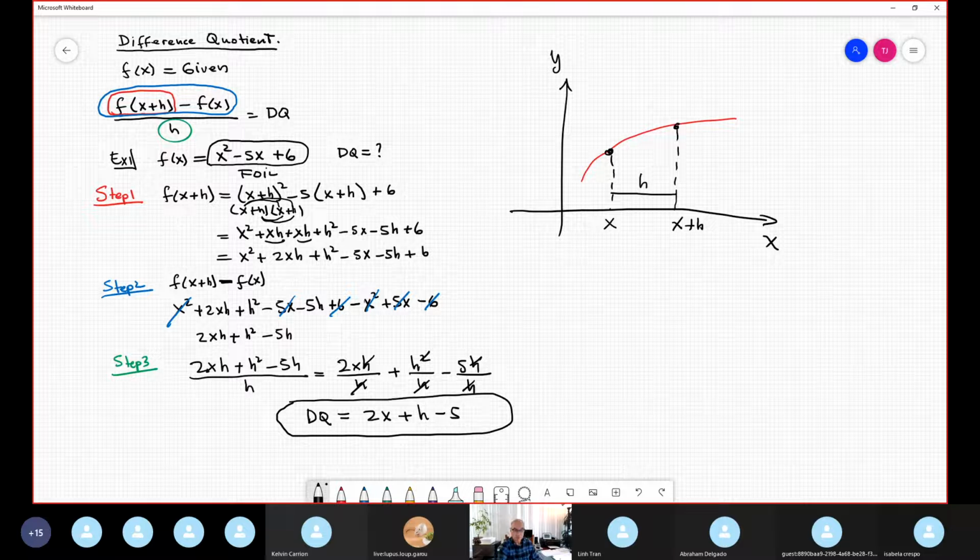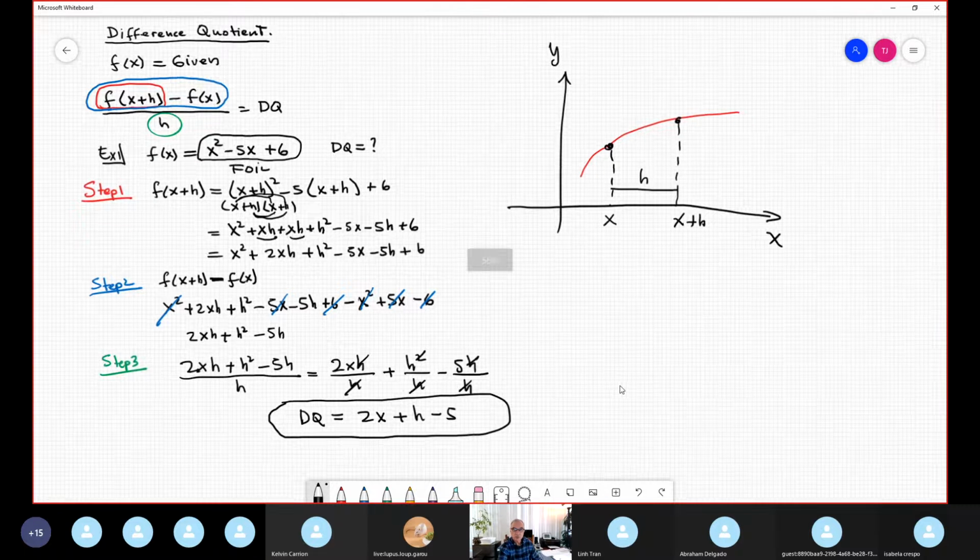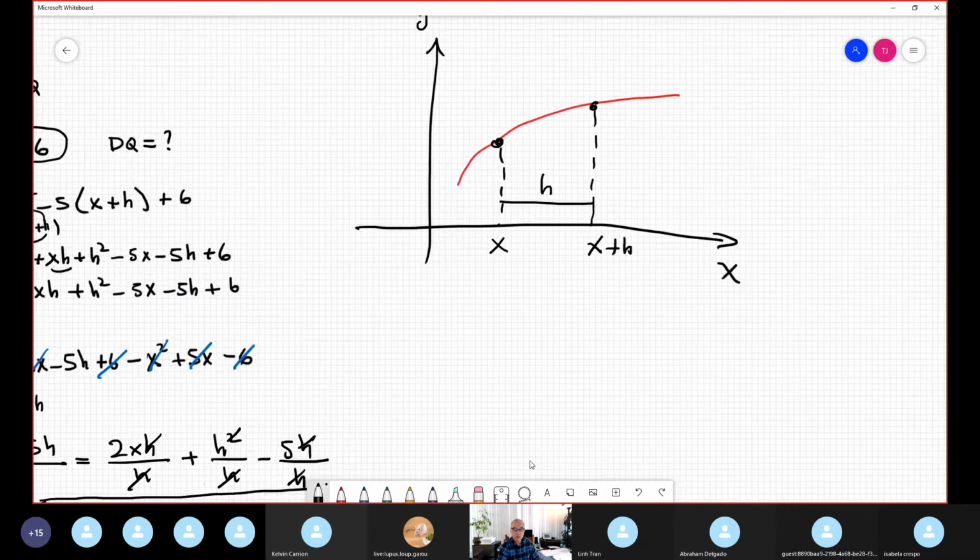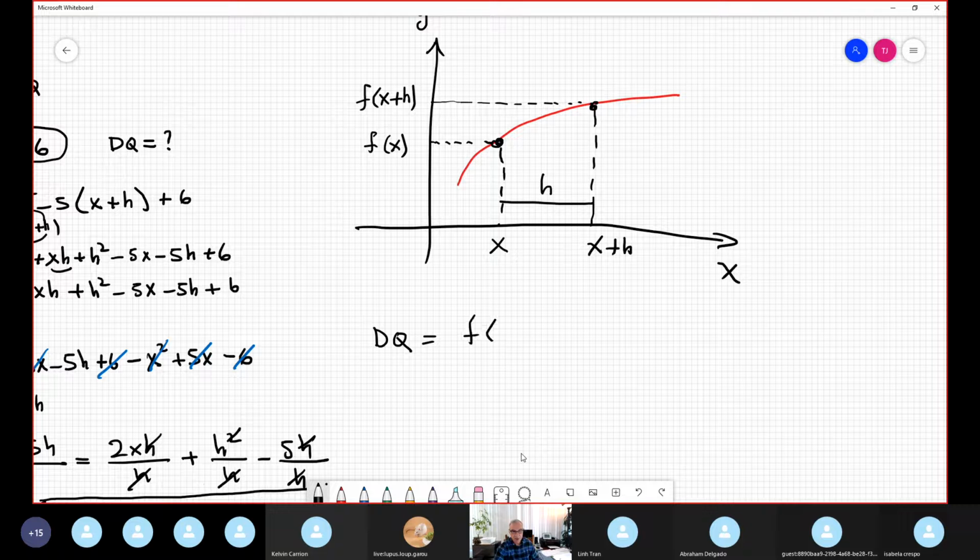Now I know this is f of x, which is y. I know this is f of x plus h. Then, according to the definition of the difference quotient, it is f of x plus h minus f of x.